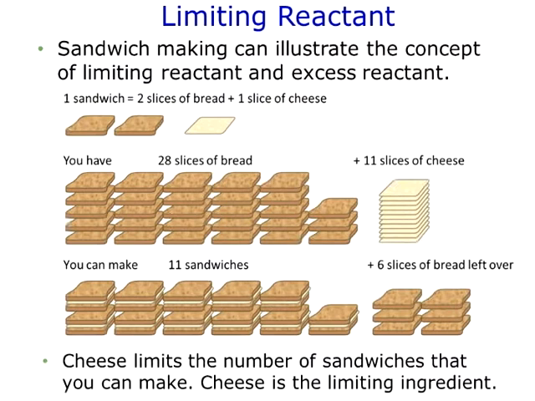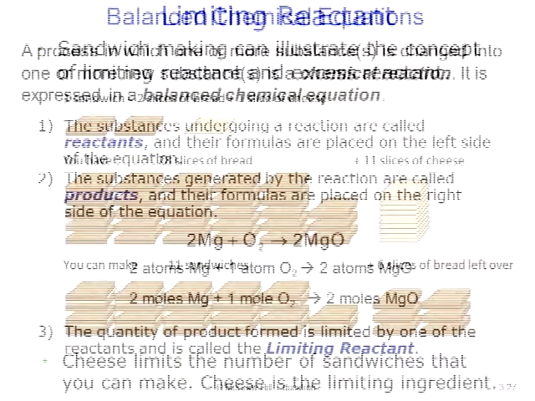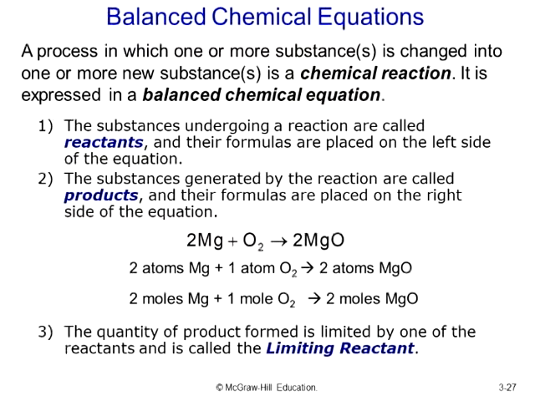The stoichiometry is 1 sandwich per every 2 slices of bread, or 1 sandwich per every 1 slice of cheese, or 2 slices of bread per every 1 slice of cheese, or 1 slice of cheese per every 2 slices of bread. That is how the stoichiometry is defined. Stoichiometry involves the use of coefficients in front of the reactants and products to balance the atoms on both sides of the reaction equation.